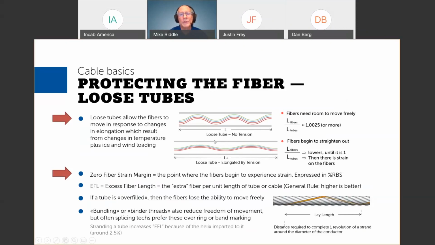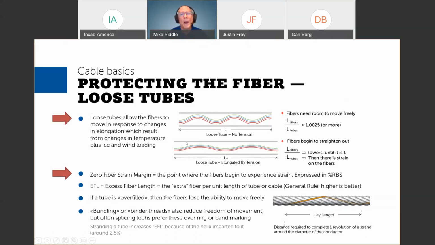And when that tube is stretched by, like, a change in tension on an ADSS cable, or in, say, an optical ground wire, an OPGW cable, it could also be changes in temperature. Changes in temperature don't come into play with ADSS, but changes in tension are definitely in play with ADSS.